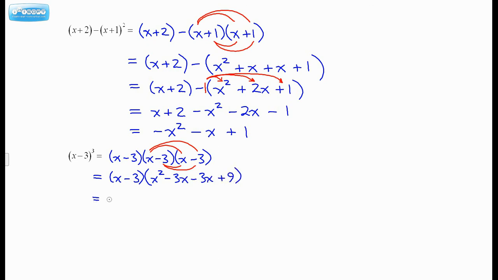And I'm just going to simplify this second set of brackets by combining like terms. Okay. Now it looks like one of our previous examples. I have a binomial times a trinomial. So the x multiplies every item, and then the negative 3 will multiply every item.